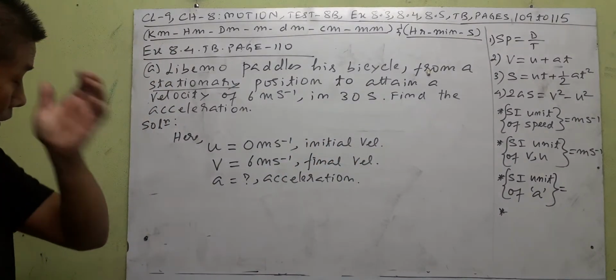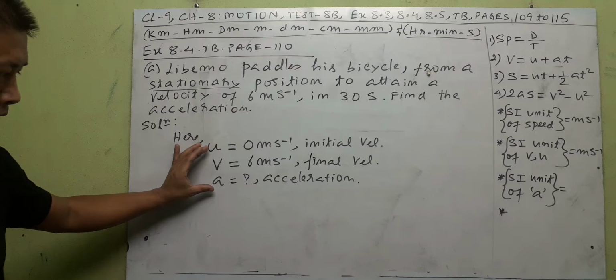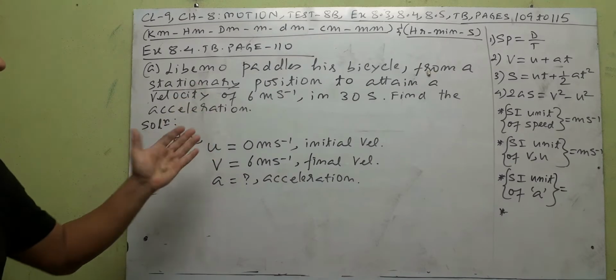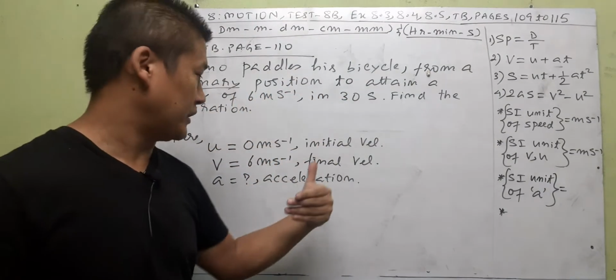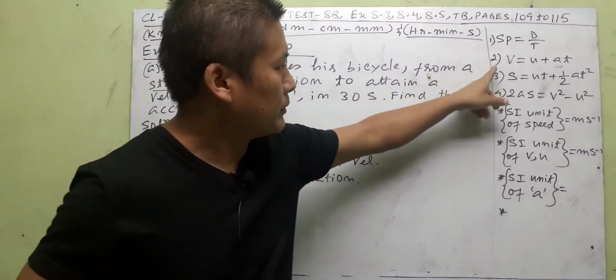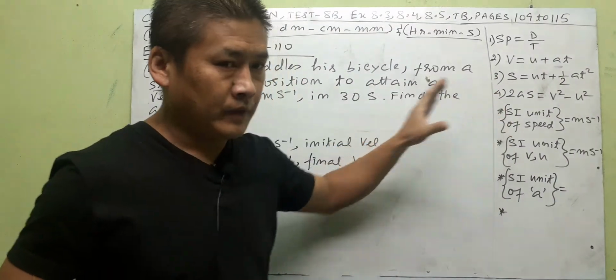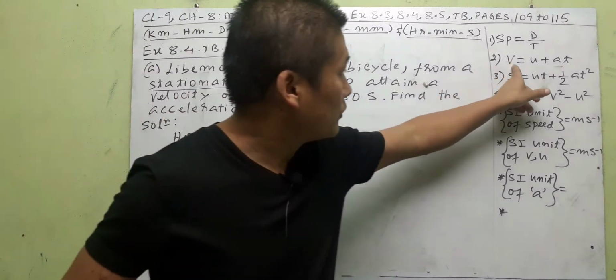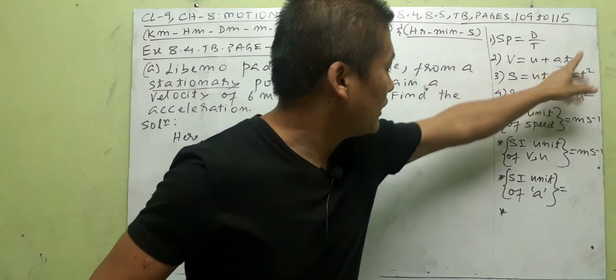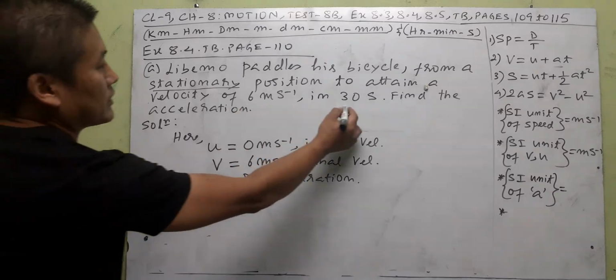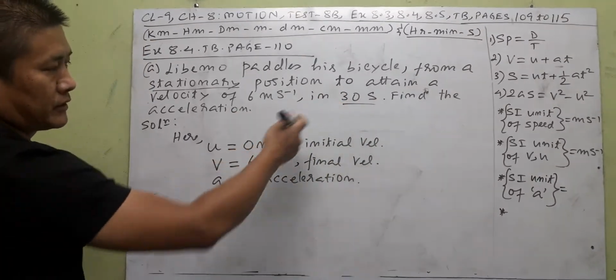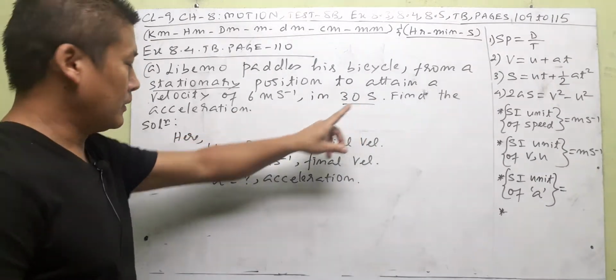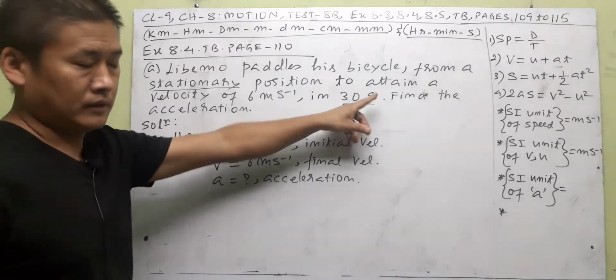Now listen carefully. Once you write down the values, out of the three famous equations, usually most of the sums will be coming out from there. So which of these three will we be using? Find out yourself. So here you have U and V known. T is also known. So here time is there, see. In 30 seconds means, even if they didn't tell us it's time, the unit second is telling us it's time.